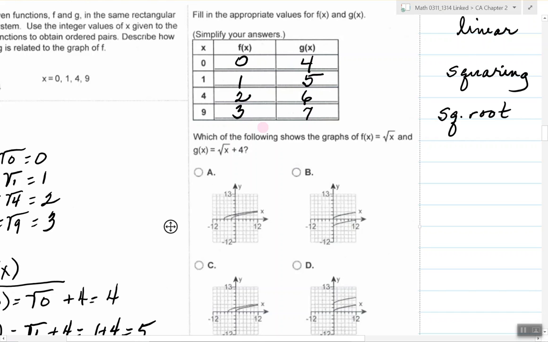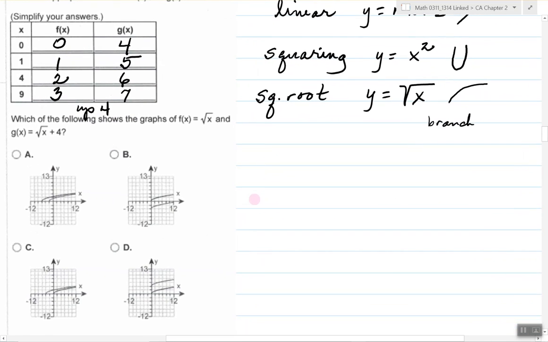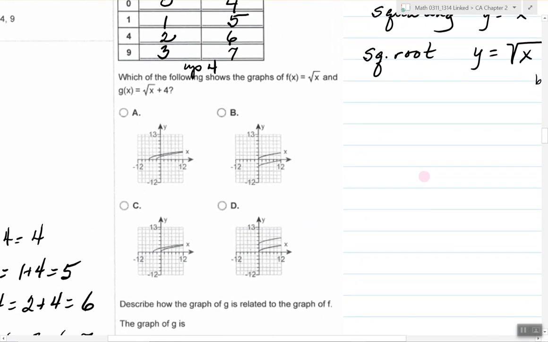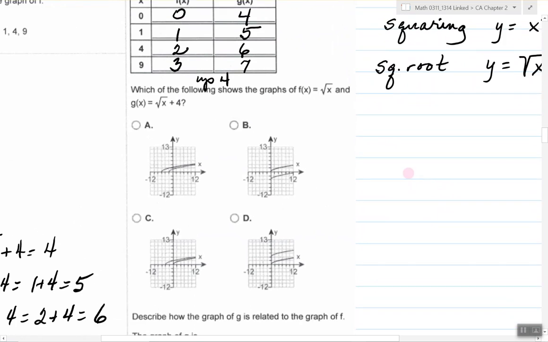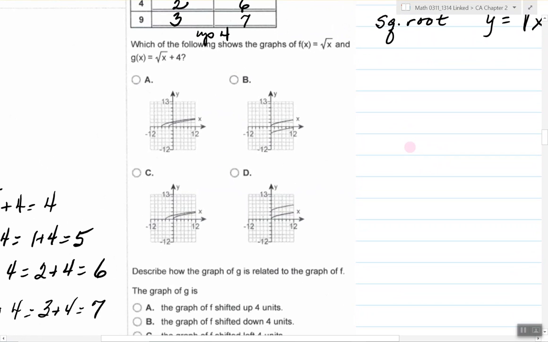Can you see that each of these is up by 4? And that will be in a vertical direction because it's a y. So I'm looking for branches, and the first one will start at 0, 0, and the second one will be up from that.